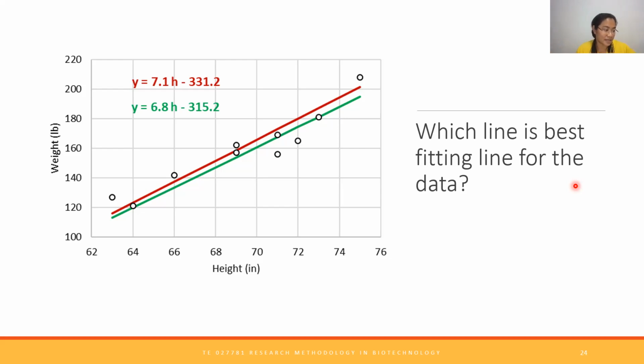The point is that what I want you to think is, when fitting the data with different equations, how would we determine which equation is better, the red equation or the green equation?